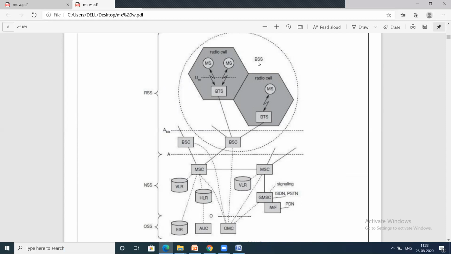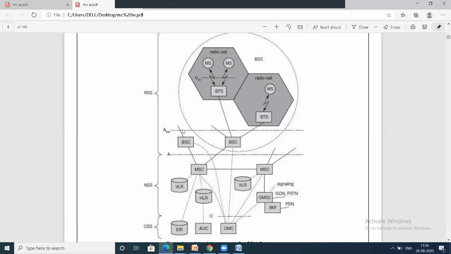BSS means base station subsystem. Here, the base station subsystem contains several radio cells and as well as the BSC. See here, the BSC is also a part of the BSS, and this BSC controls BTS. One BSC may control several BTS.